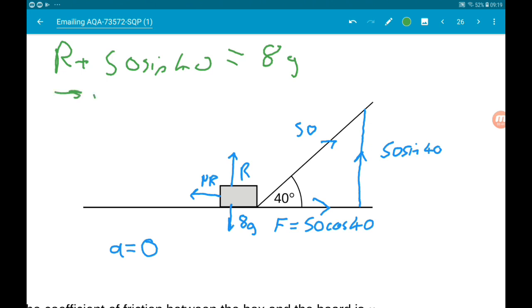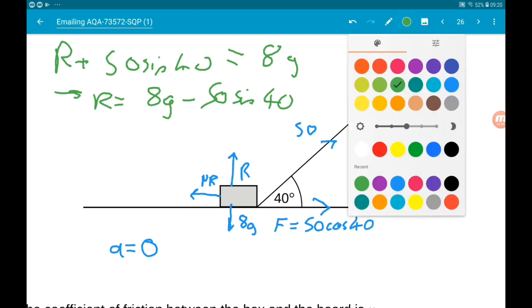Therefore, R is 8g minus 50 sine of 40. So now we know what R, our normal reaction force, is.